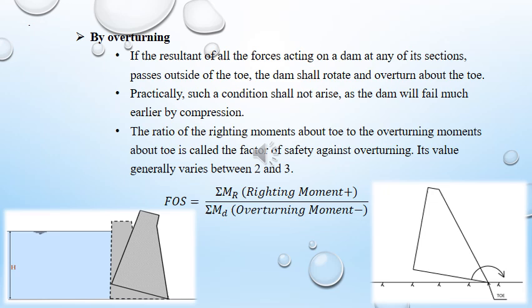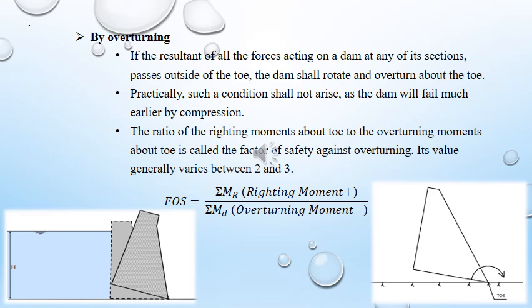The first mode of failure, that is overturning. If the resultant of all the forces acting on a dam at any of its sections passes outside of the toe, the dam shall rotate and overturn about the toe.